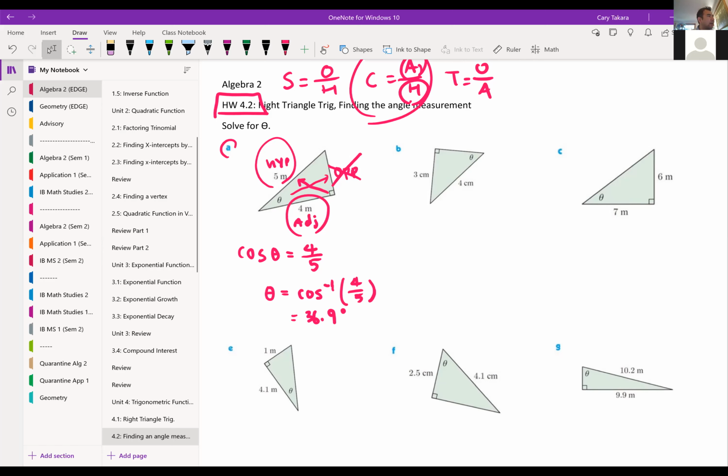Yes, there's a question in the chat, a direct message to me, about honors credit. Last quarter, quarter three, I just made the requirement that you have your grade above 92%.